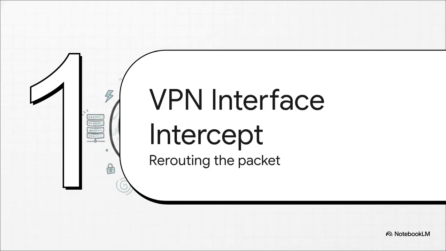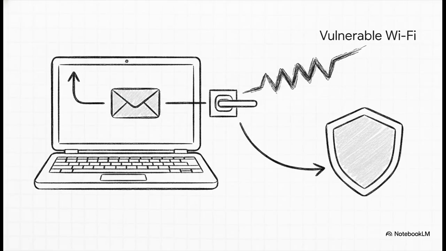Step 2. The VPN interface intercept. It's time to reroute this packet. Since Priya isn't actually in the office, her operating system has to step in and play traffic cop before that plain text packet hits the coffee shop's totally vulnerable Wi-Fi router. Before anything even reaches the network card, the OS checks its routing table.